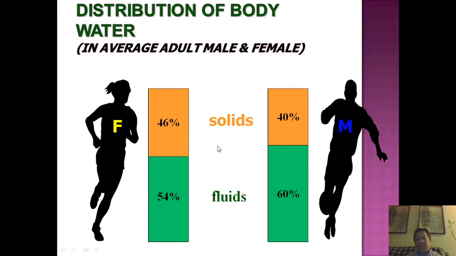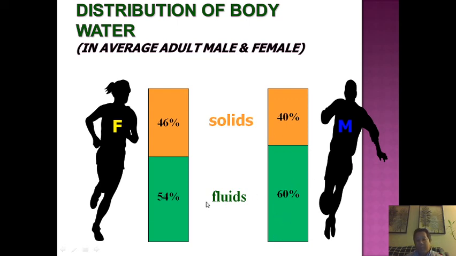Of course, different books will give you different percentages, but it's consistent that in every book, males have more body fluids compared to females, which is approximately 60%, and 40% of the male body weight is attributed to solid parts like the bones and the muscles.